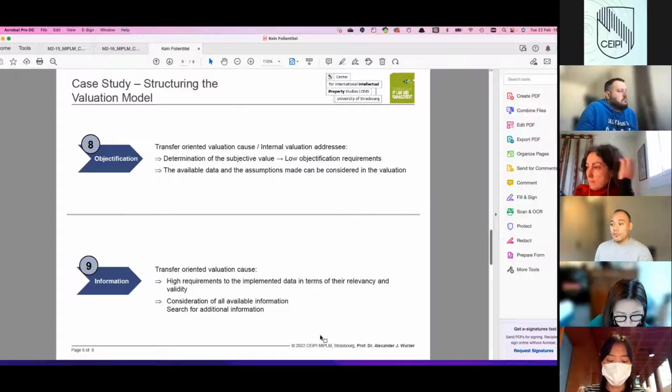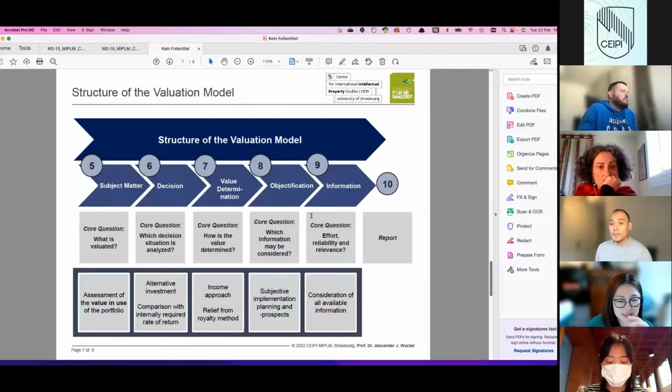And of course, all other available information should be considered in this last step. And then the question number 6 is actually summarizing the whole chain of the steps of the evaluation process.